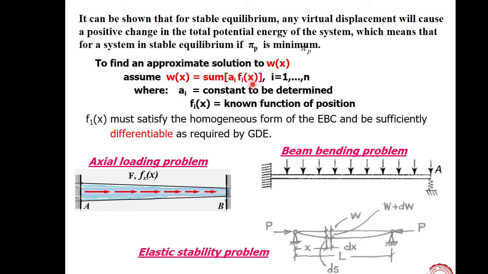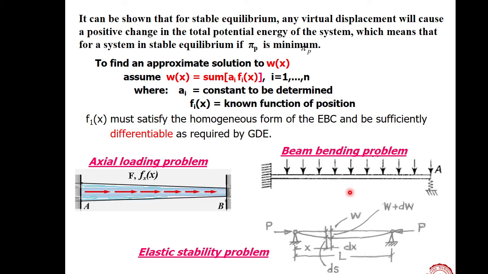So one additional feature is that the functions must satisfy the governing differential equation. At least they must be sufficiently differentiable as required by the governing differential equation. What does it mean?